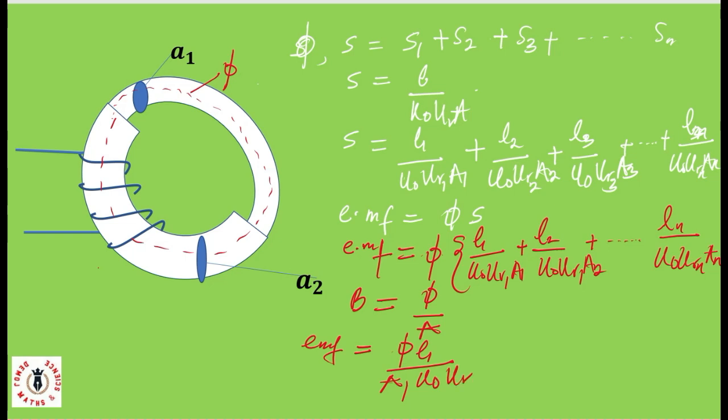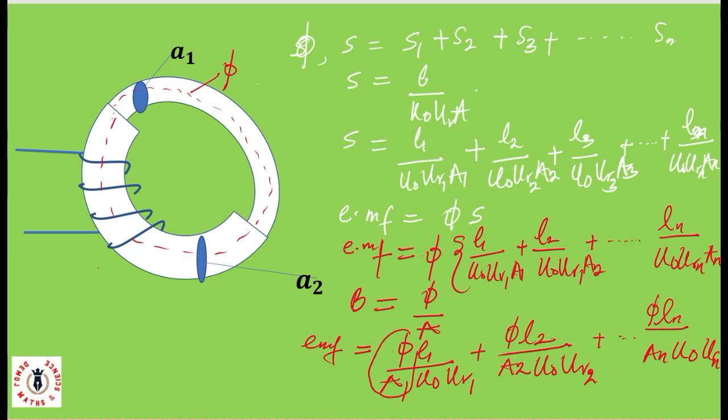Phi L1 over A1 mu naught mu r1 plus phi L2 over A2 mu naught mu r2 continues this way up to Ln, which will be phi multiplying Ln over An mu naught mu rn.